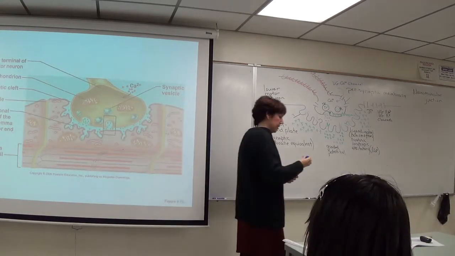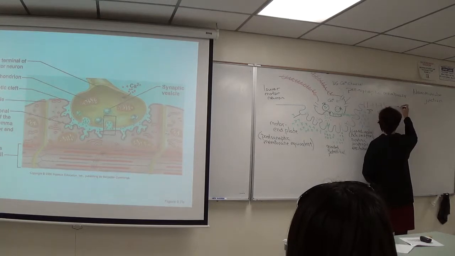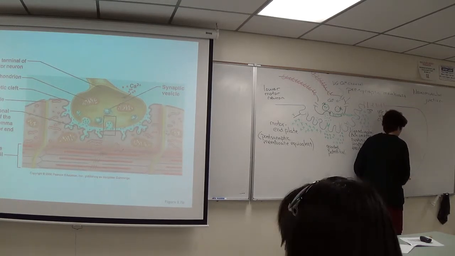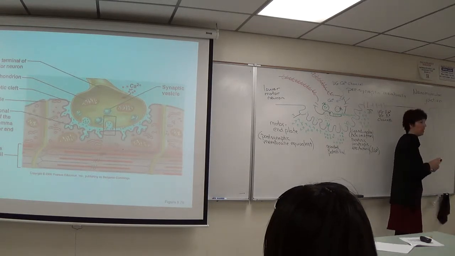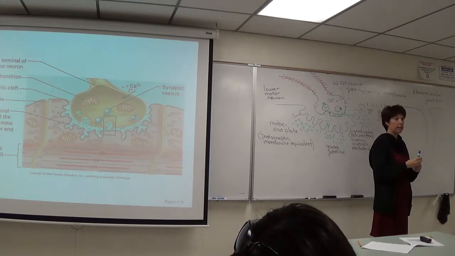Now we start to see a few differences. So as this action potential is traveling down the muscle membrane, it's going to find this depression in the muscle membrane created by the indentation and formation of the transverse tubule.